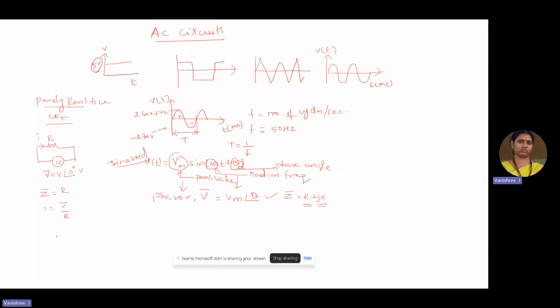Coming to the phasor diagram, it is that which gives a pictorial representation of the various parameters involved in the circuit.